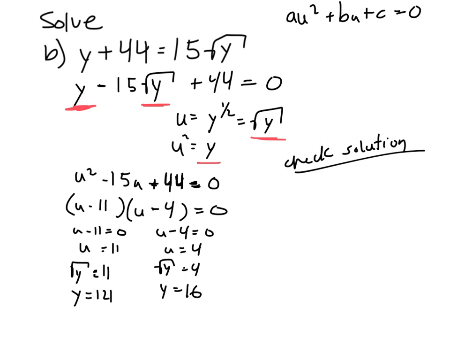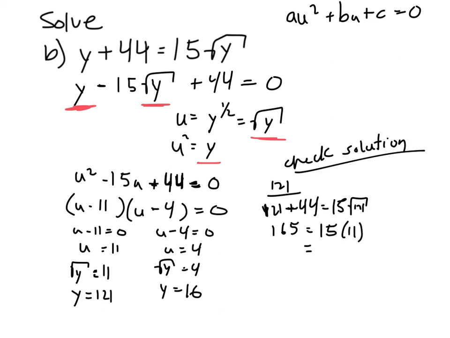So let's first check 121. So y is 121. So I'll say 121 plus 44 equals 15 times the square root of 121. So 121 plus 44 is 165. The square root of 121 is 11. 15 times 11 is 165.